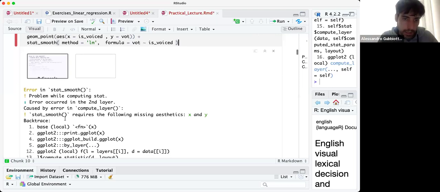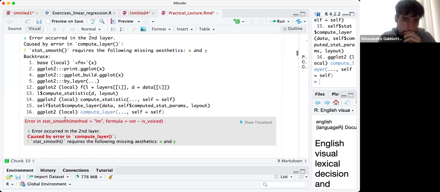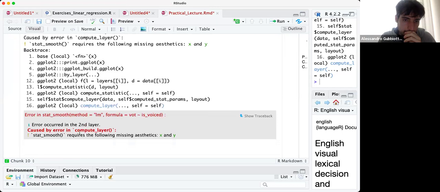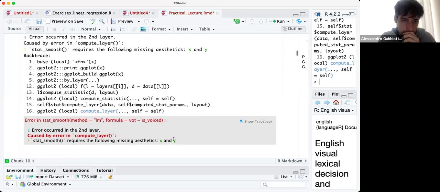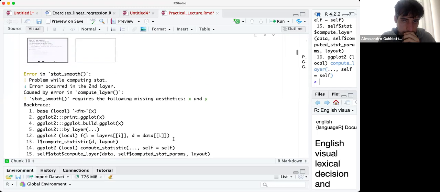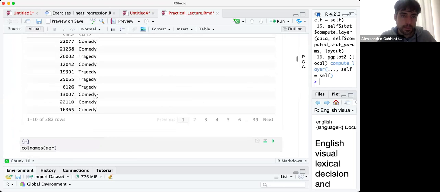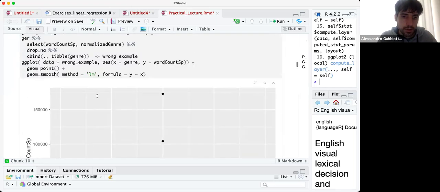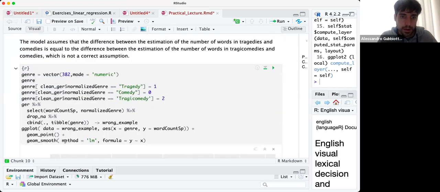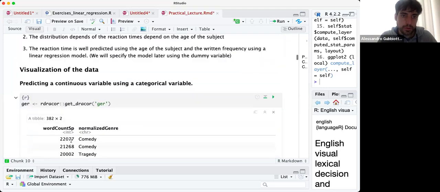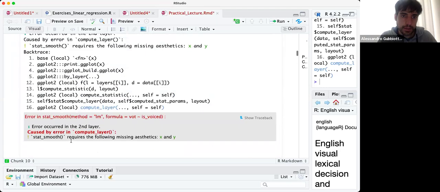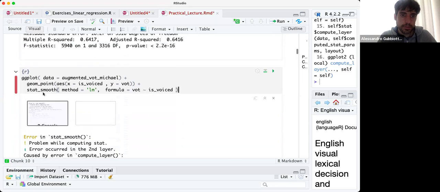Okay, I did it some time ago, so I don't remember it. Geom smooth should be fine. I don't know why it's not working.